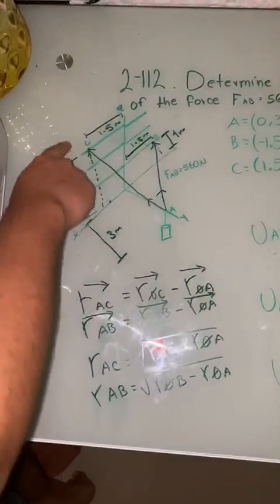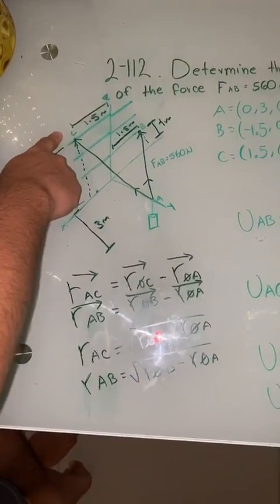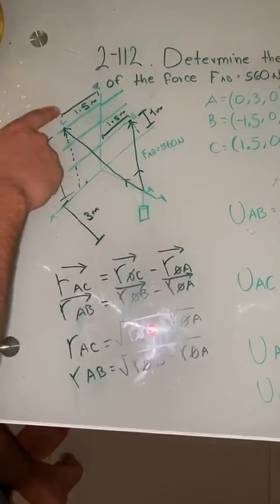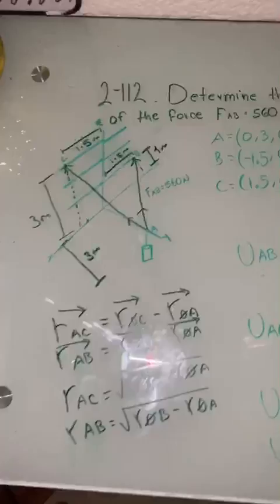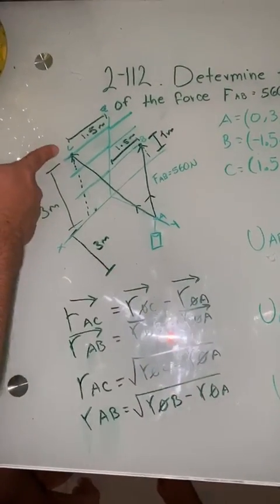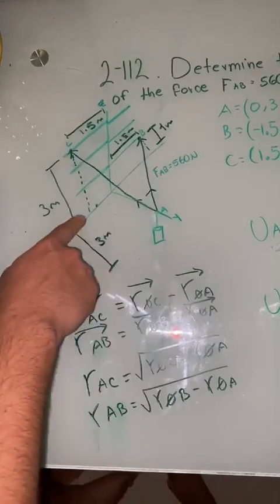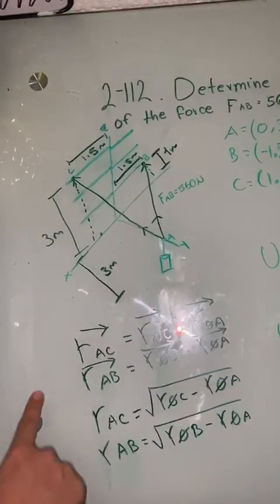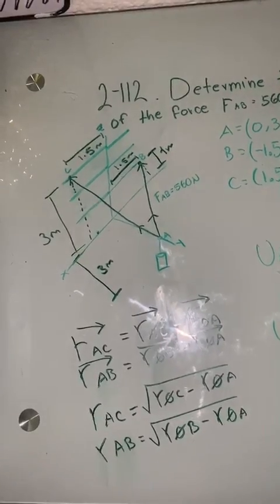The point C, with respect to the axis Z, is 1.5 meters. The point C, with respect to the axis X, is equal to 3 meters.